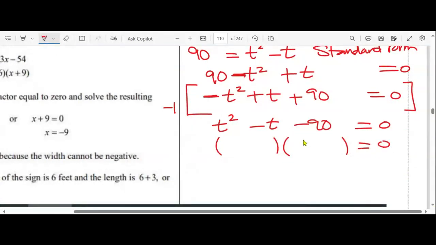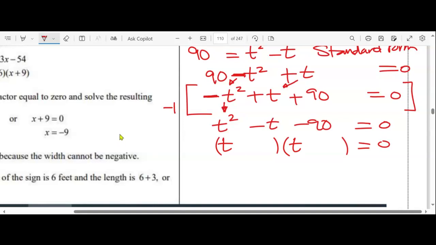Now can I factor? Yes. Give me two numbers that times each other give you 90, and their difference will be negative 1. T squared becomes t squared. I just order it here. Okay? Now you have t here, 90.